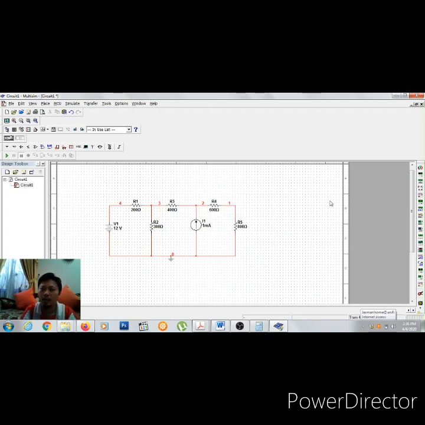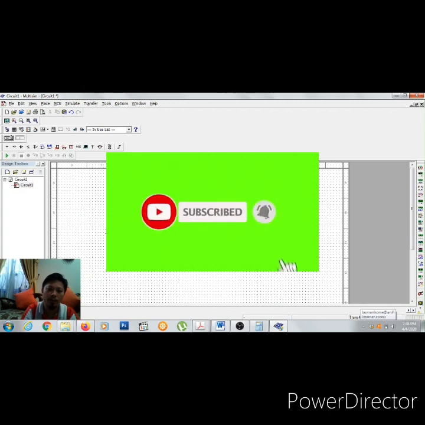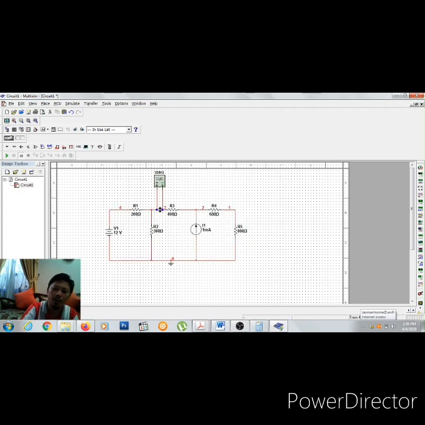Okay, kita nak tahu apa? What do we want to find? Okay, let's say we want to find current flows through R3. Okay, current yang lalu pada R3. And also we want to know voltage around R4.